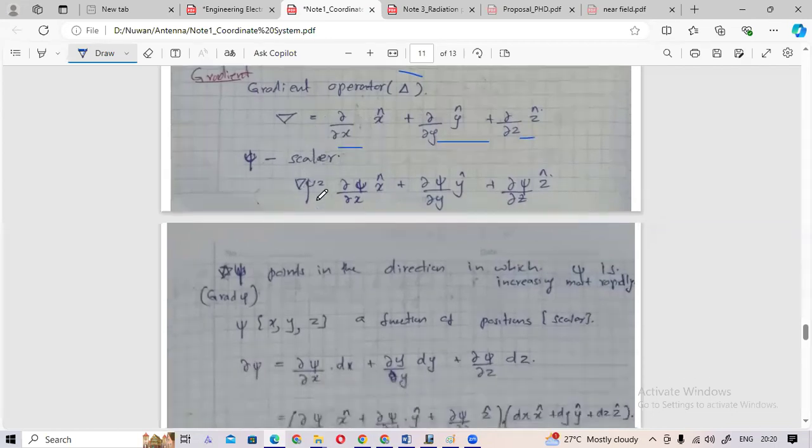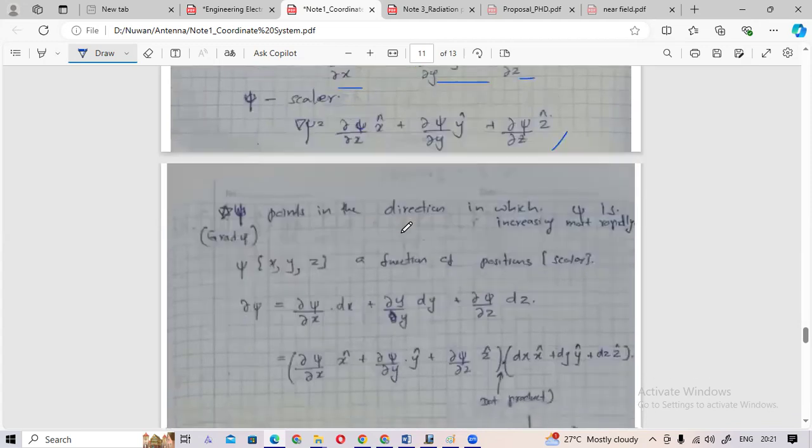So if you have a scalar, it should be differentiated with respect to x, y, z. Then if we get the gradient of a scalar, we will have a vector. So the gradient actually points in the direction in which phi is increasing most rapidly.